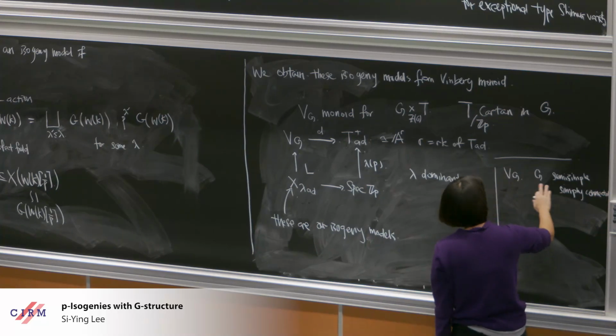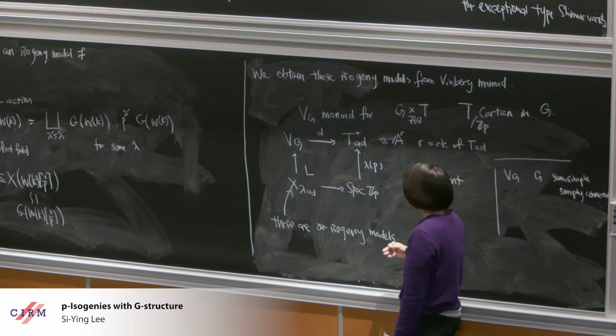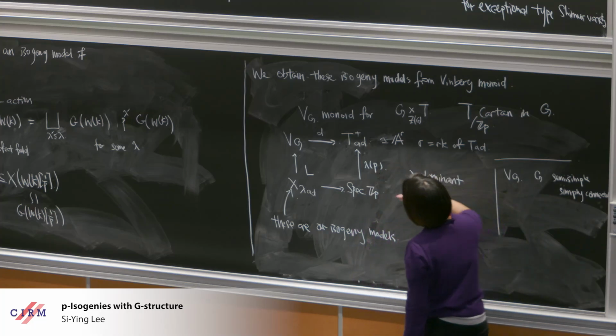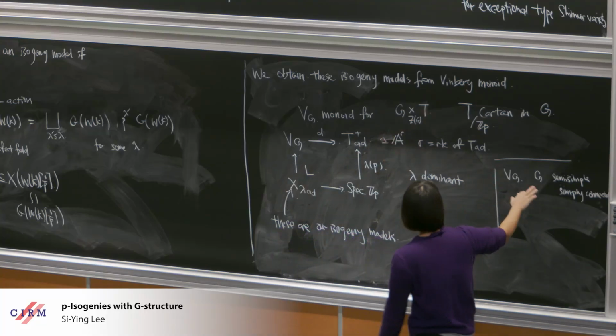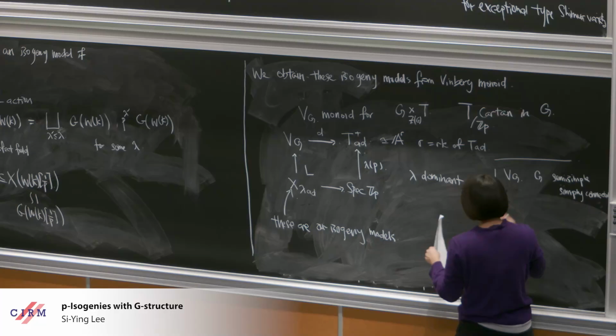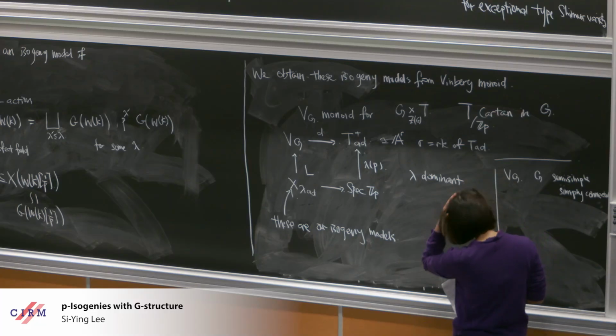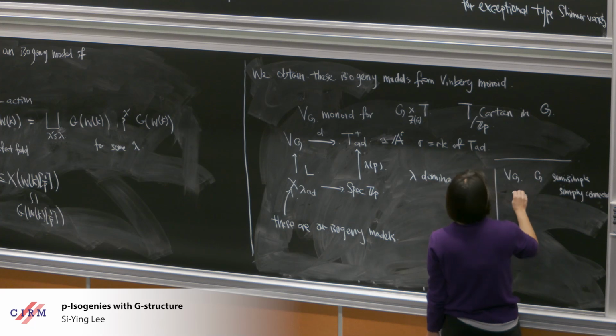And for a group which is semi-simple and simply connected, this is the correct object that we want. The point is that if you look at the naive definition, which generalizes Weinberg's construction, for instance as constructed by Xinwen, what you get is not so nice.